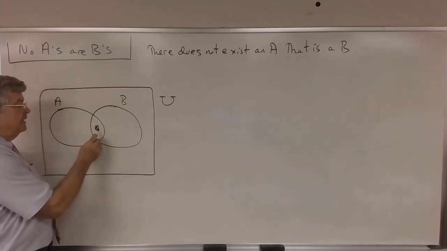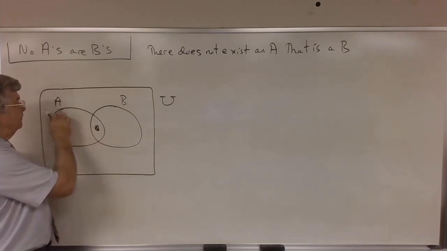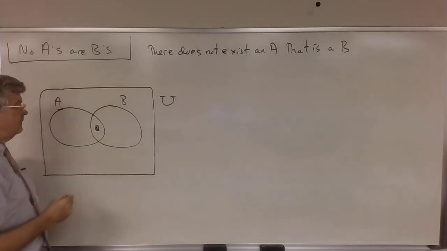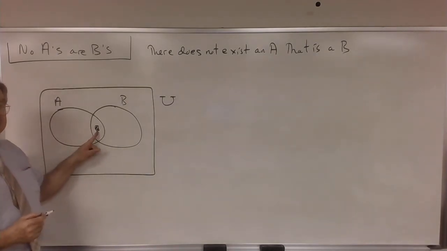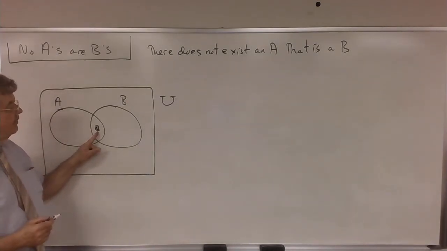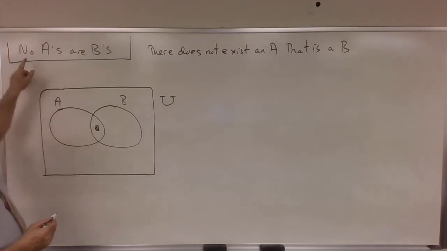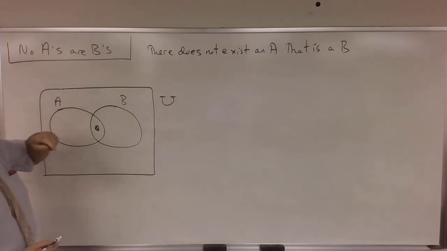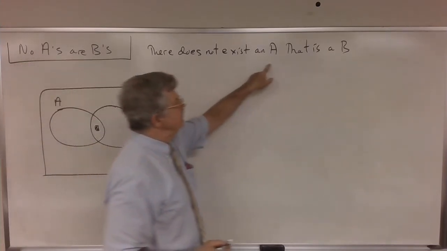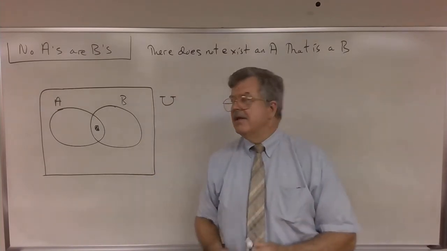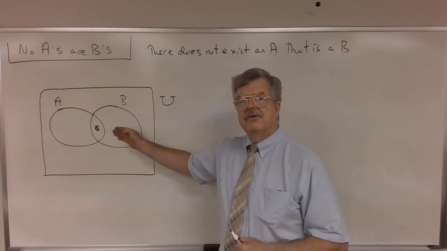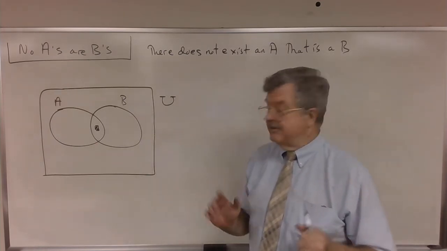And if there's an element here, it's in the A circle, so it's an A, and it's in the B circle, so it's a B. If there's an element right here, this is an A that's also a B. But our scenario is that no A's are B's, or there does not exist an A that is a B. So for this scenario, we can't draw our circles overlapping. They have to be disjoint.